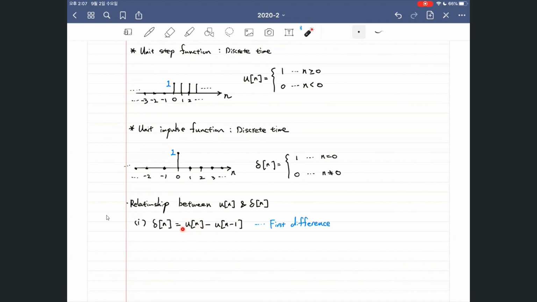We know what u[n] is, and what is u[n-1]? You shift u[n] by the value 1, but is it to the right or to the left?